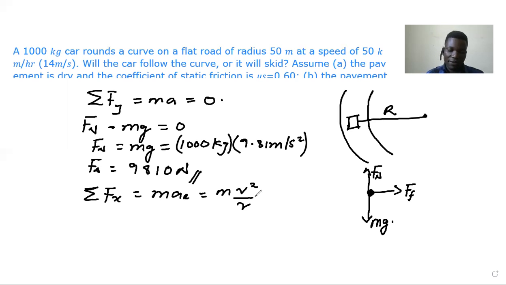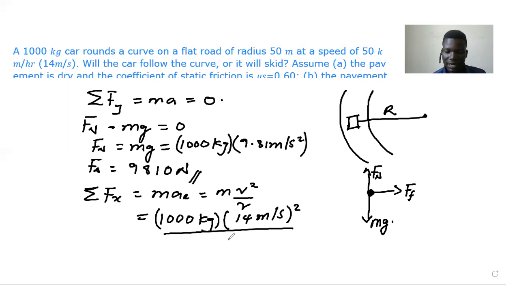So we have that, and then we can calculate, where we have 1,000 kg mass multiplied by the speed we've been told is 14 meters per second, squared, and divided by the radius, which is 50 meters.